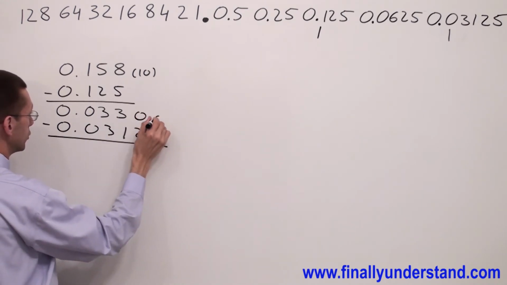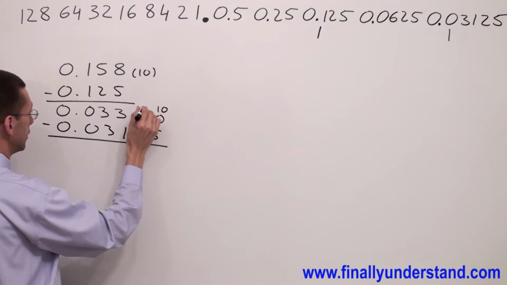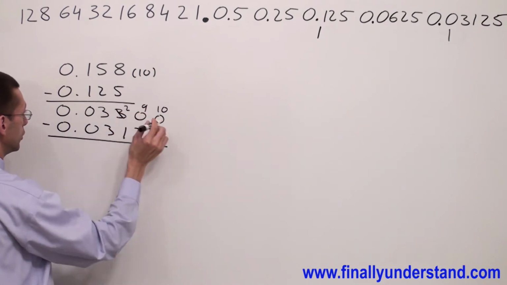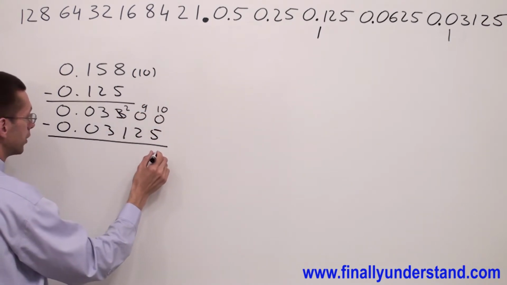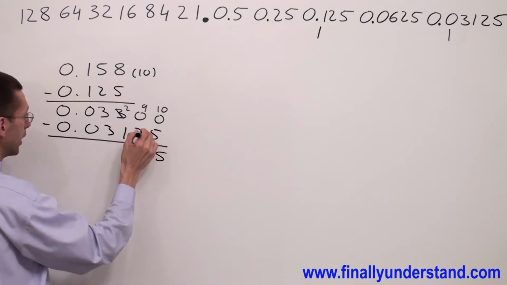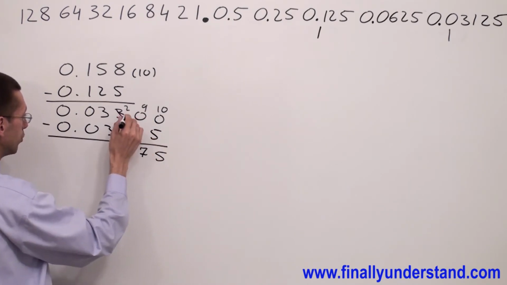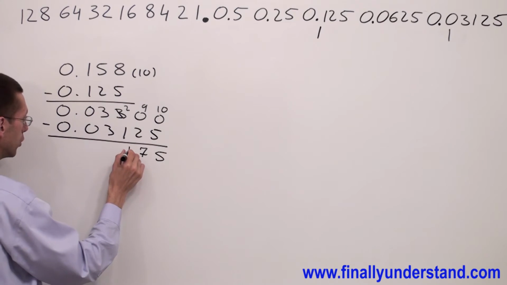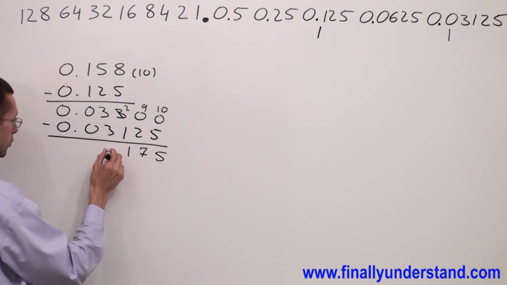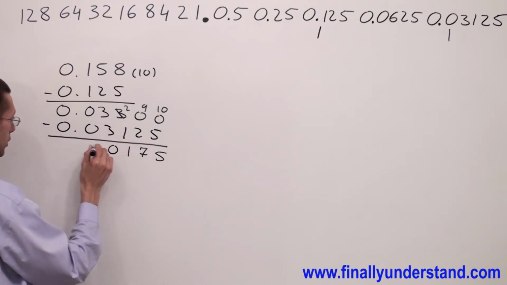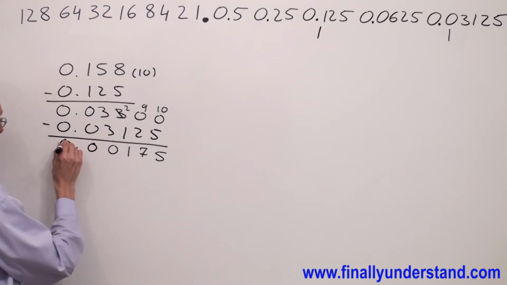Subtract, we have 0, 0, 10, 9, this one is going to be 2. 10 minus 5 is 5, 9 minus 2 is 7, 2 minus 1 is 1, 3 minus 3 is 0, 0, 0.